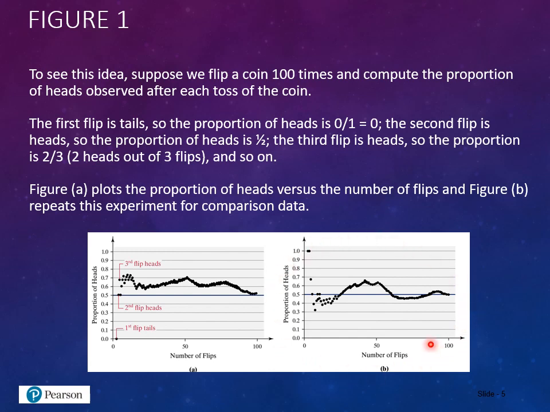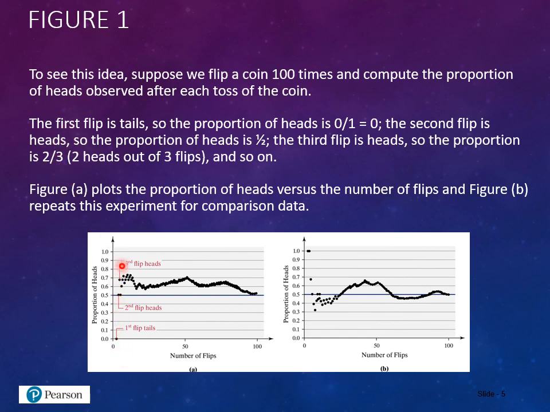Figure B does the exact same thing. It's just a repeat of the experiment because we want to get multiple data sets that we can compare over time. Notice on figure A, the first flip, we had a proportion of 0, and then we had 1 out of 2, and then we had 2 out of 3, etc. And this is just mathematical in nature, of course, in the beginning, because we're dealing with small numbers in terms of the number of flips.